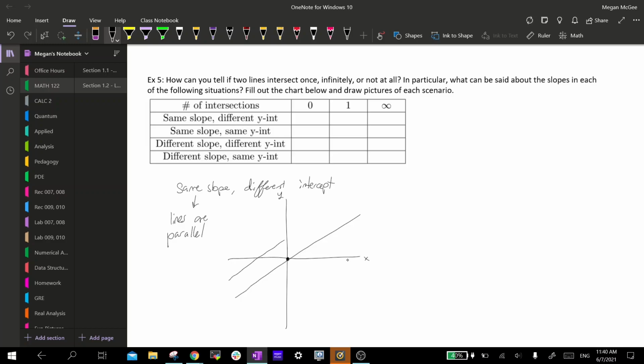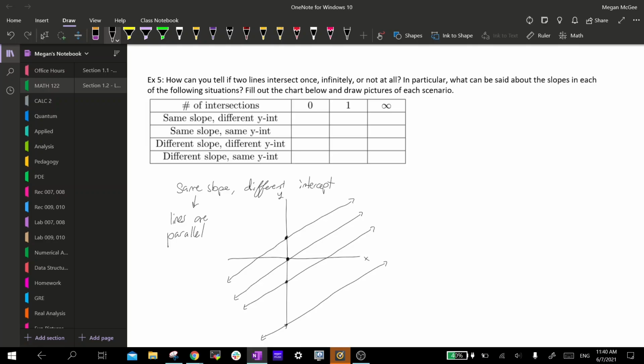So it could be this line. This has a different y-intercept. It's a little bit higher, right? It could be this line. This intercept's a little bit lower. It could be this line way down here. All right, same slope, different intercept. And these are going to keep going on and on forever. Do we think any of these lines are ever going to touch?